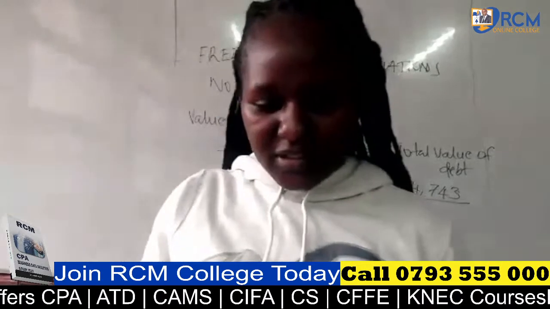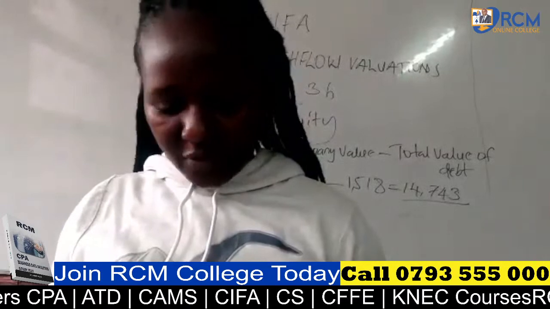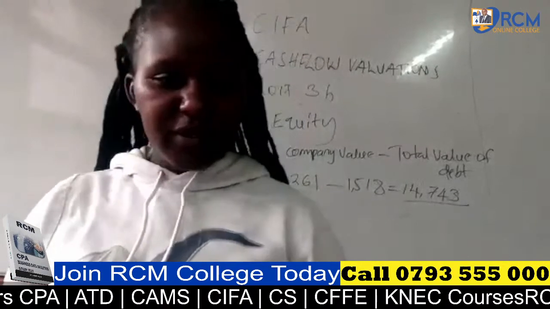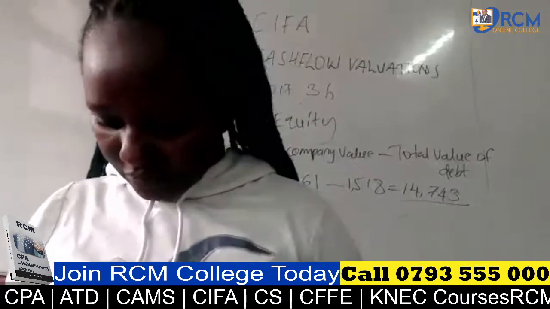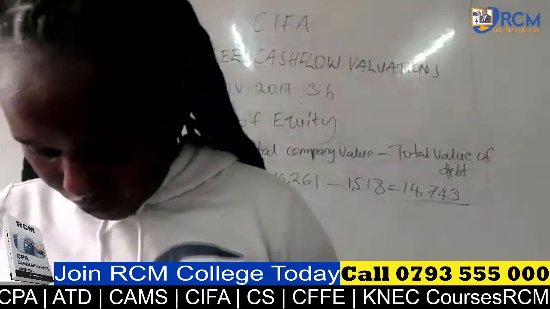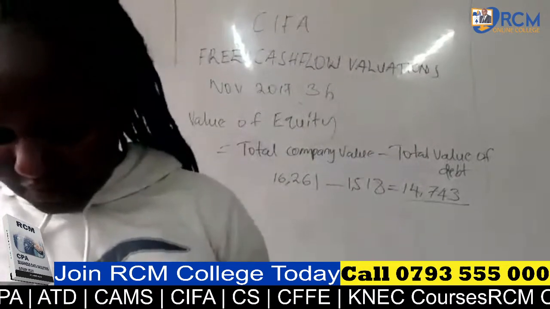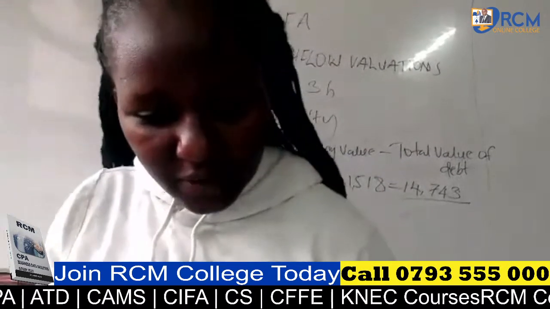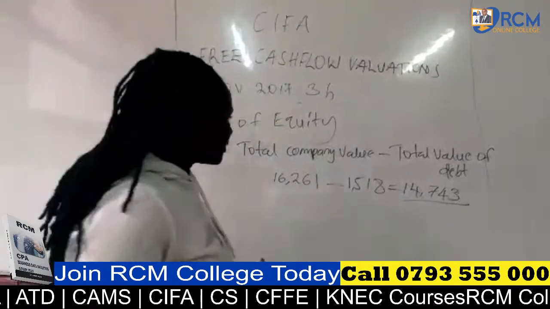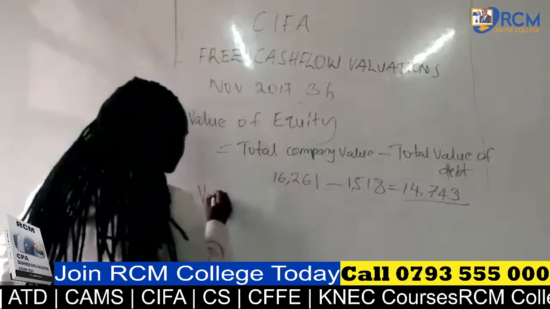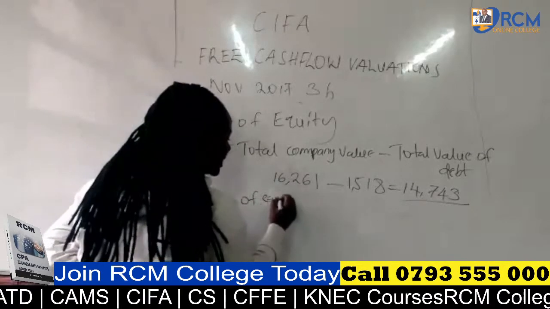The next question is asking you to get the value of equity per share. Are you able to get that, considering we have the total value of equity? You take the value of equity and divide by the number of outstanding ordinary shares. How much are our ordinary shares? 309.39 million.